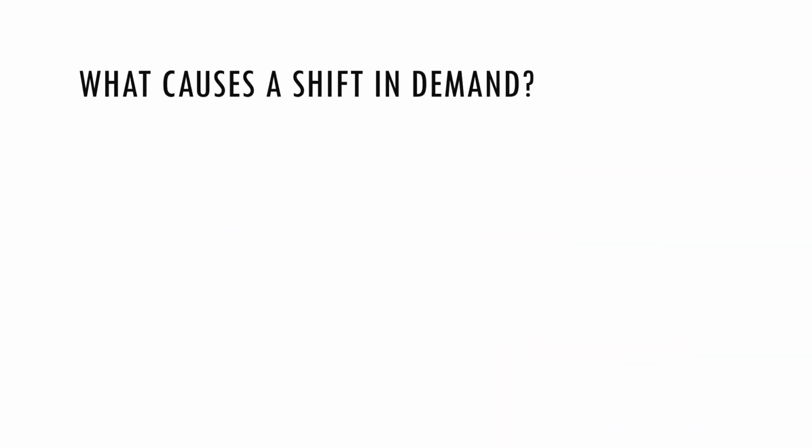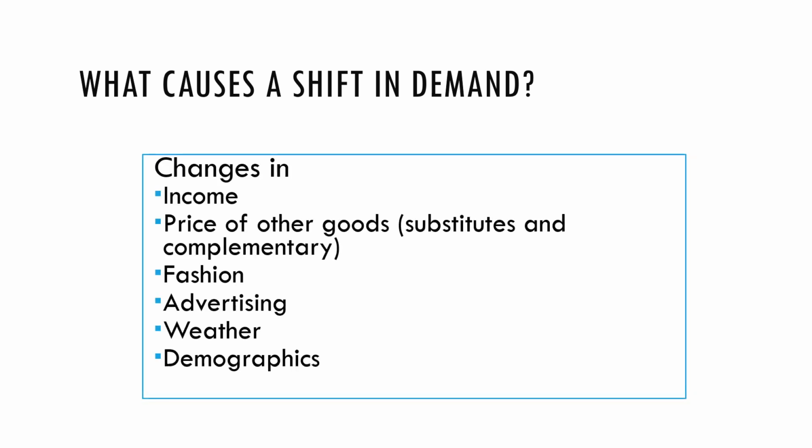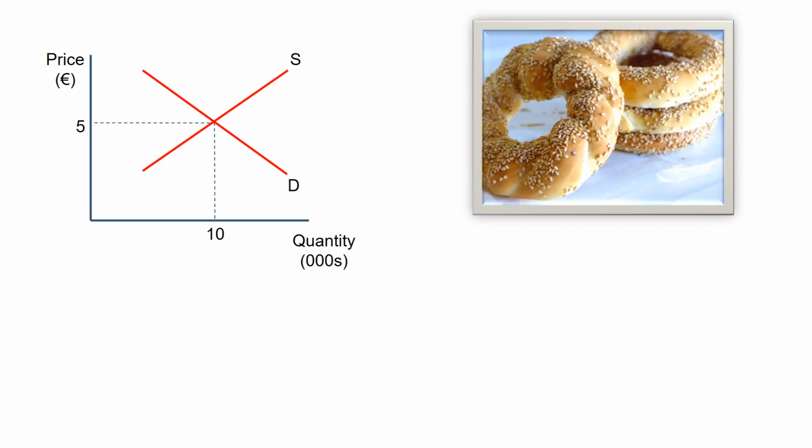So let's now change the scenario and imagine a shift in demand. We've looked previously at the factors that can cause a shift in demand. So here's our marketplace, and let's imagine that there was a change in demand: people's incomes fell. As a result, there was a reduction in demand for baked goods. This would be indicated on our diagram by the demand curve shifting in, or shifting to the left.